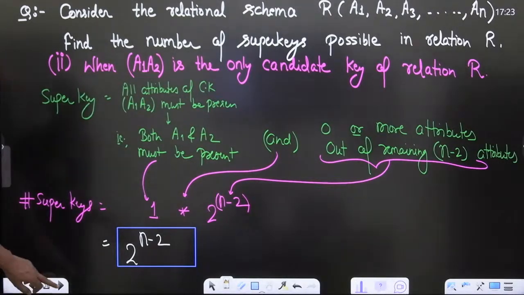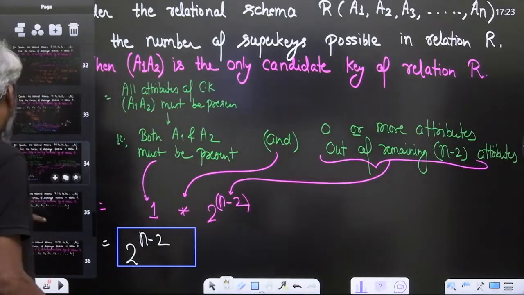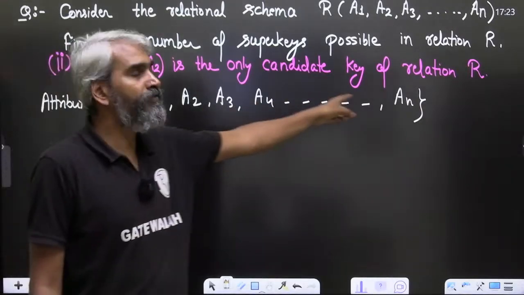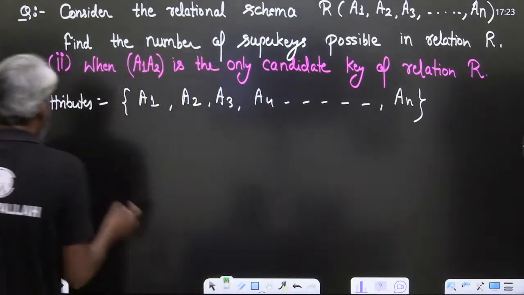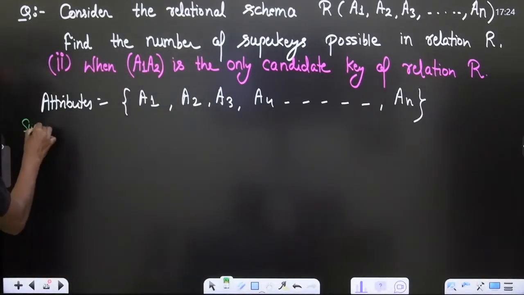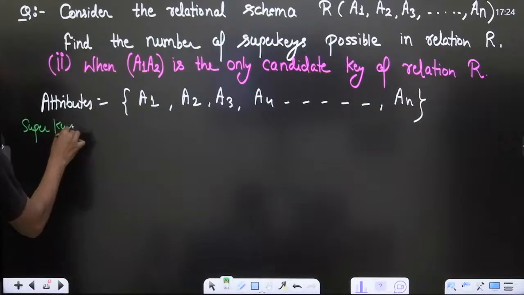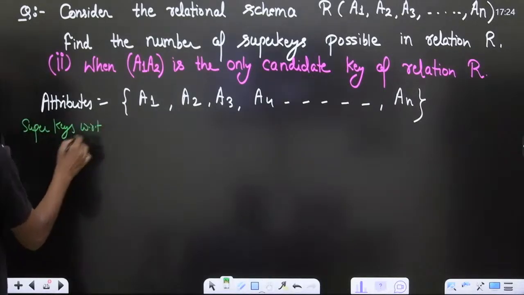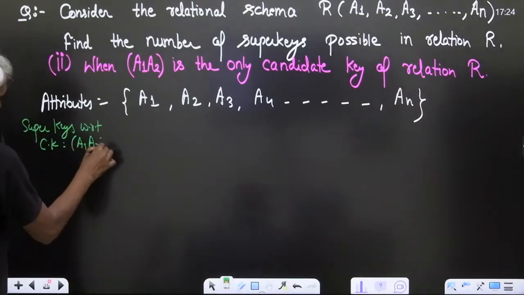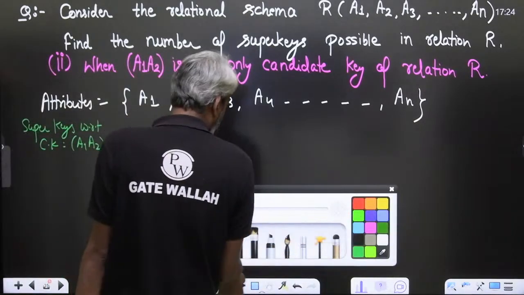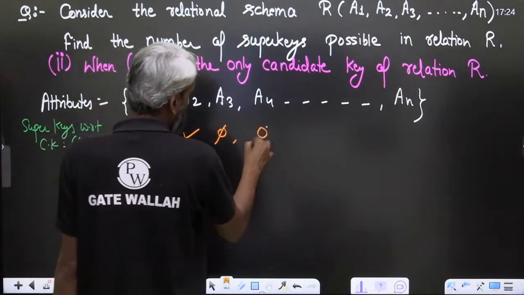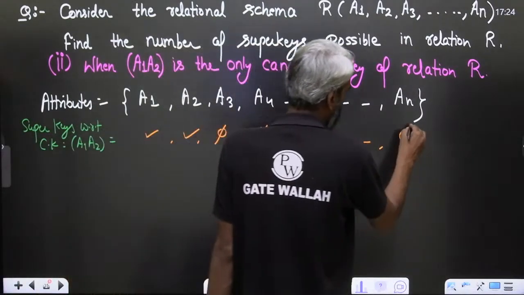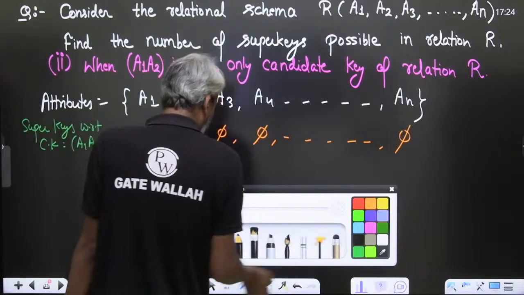Okay, let's check with respect to another approach. Attributes of the relation are A1, A2, A3, A4 up to AN. Super key with respect to candidate key equal to A1, A2: both A1 and A2 must be present. A3 may or may not be present, A4 may or may not be present, AN may or may not be present.